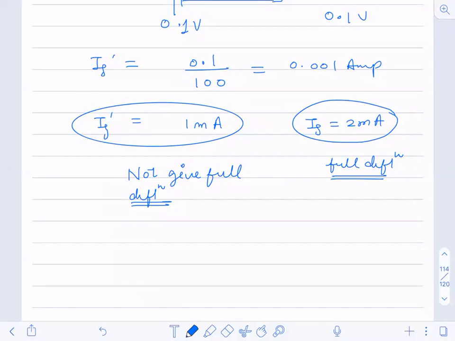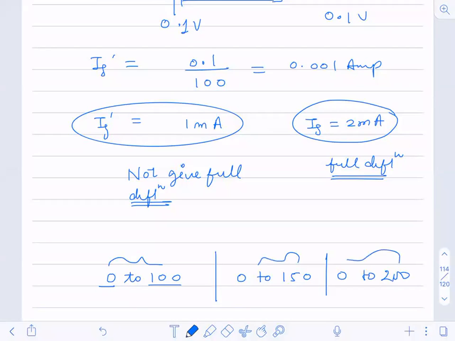In some bikes, the speed limit marked is 0 to 100, in some it may go up to 0 to 150, in some 0 to 200 also. It will be for values in between also. Here also it will be for between.